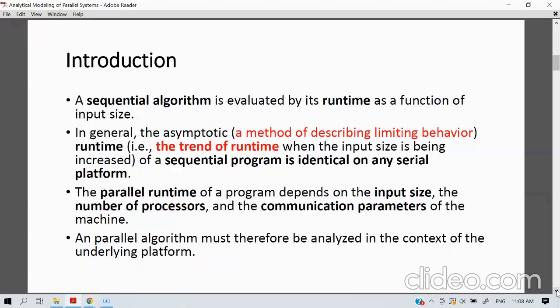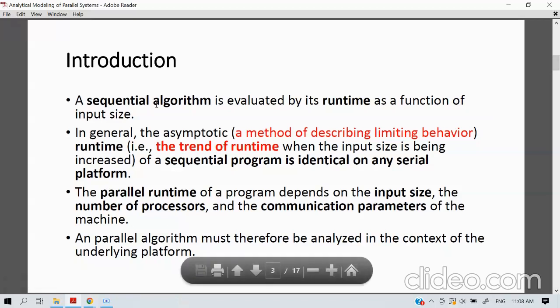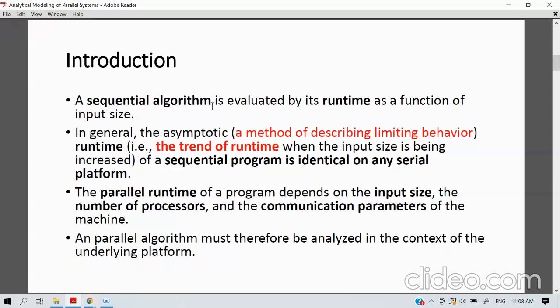First of all, you need to know how to measure the parallel system or the sequential system. So the first one, a sequential algorithm is evaluated by its runtime.